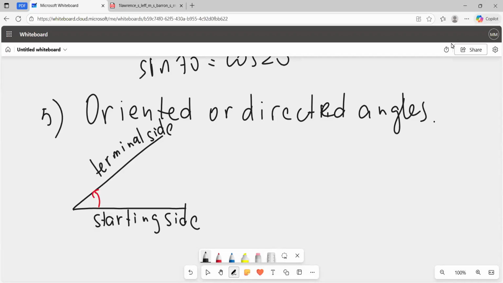Then this direction is positive. This is the positive direction, the counterclockwise direction.